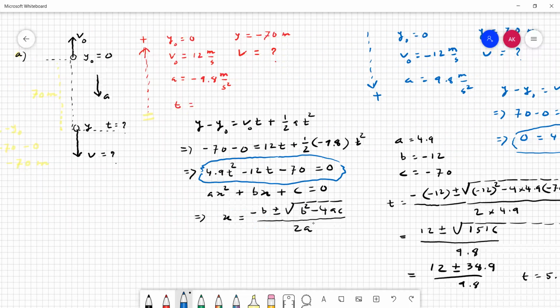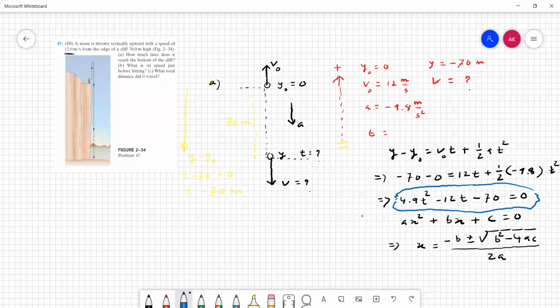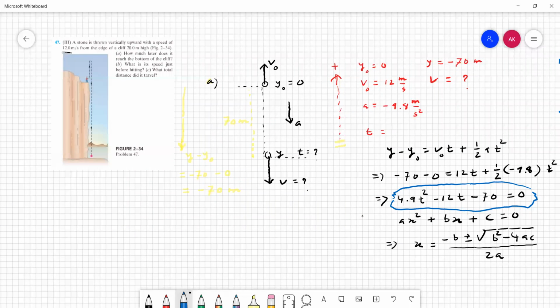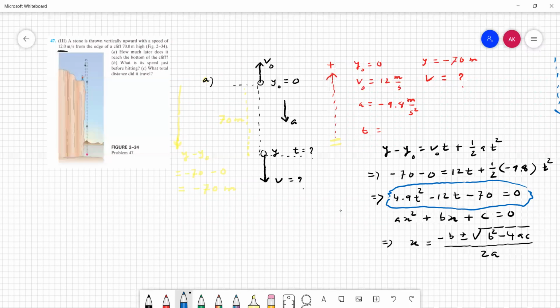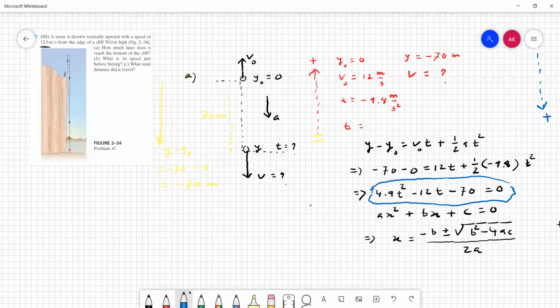All right, so now let's see. In part B, what's the speed just before it hits? Which means we are trying to solve for v.